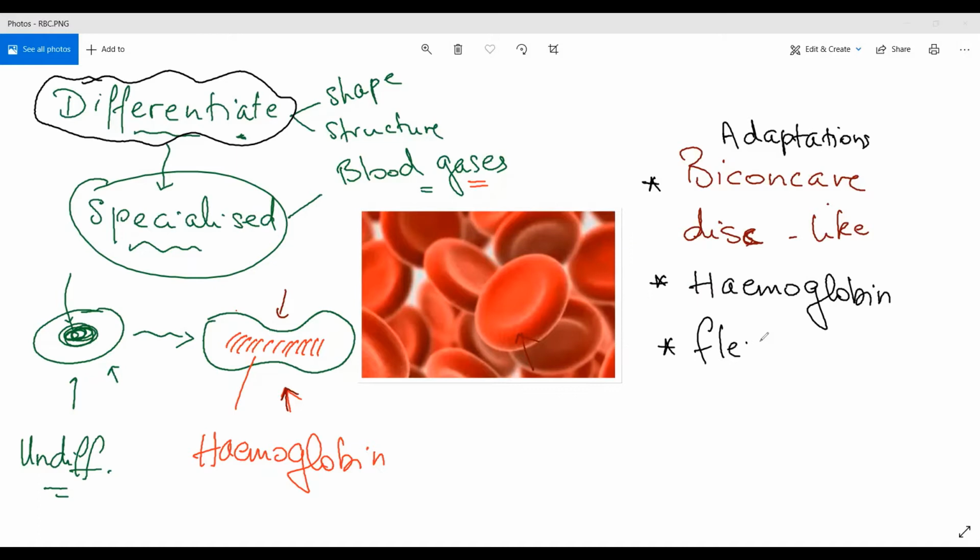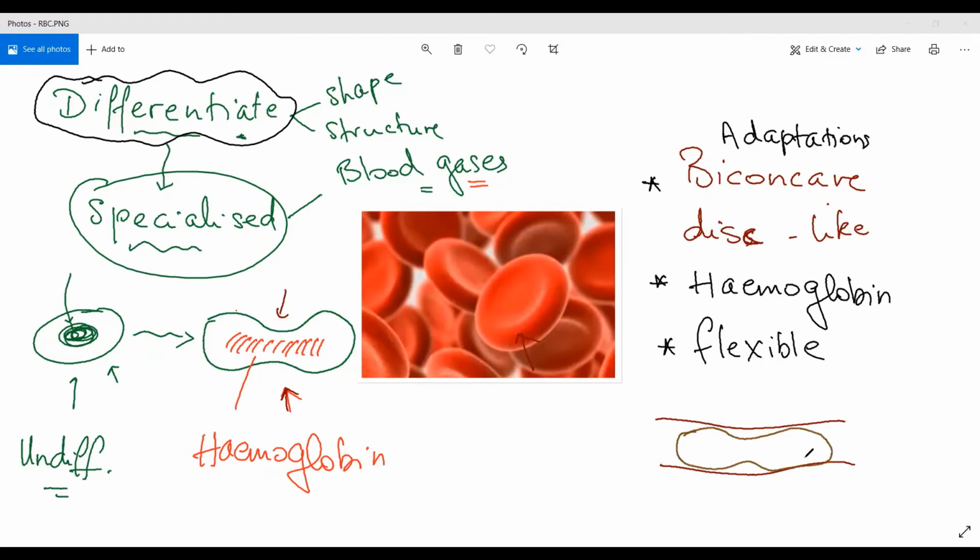But why does it have to be flexible, not like any other cell? Because it can pass through narrow ways. Very good, very good. The narrowest blood vessel is the capillary. So it can squeeze itself in order to fit in the capillary.